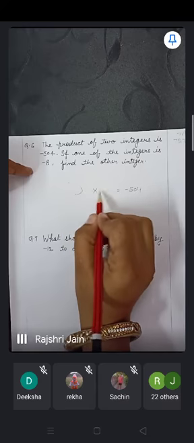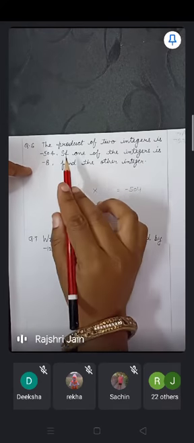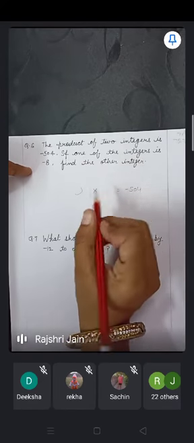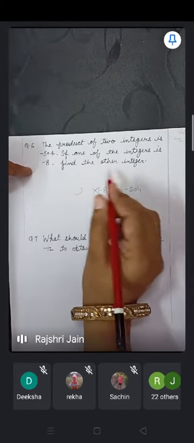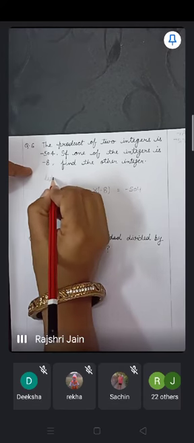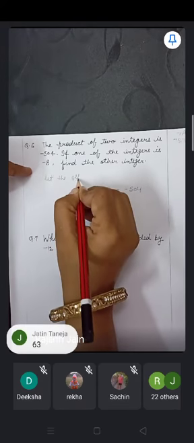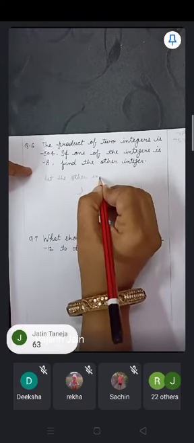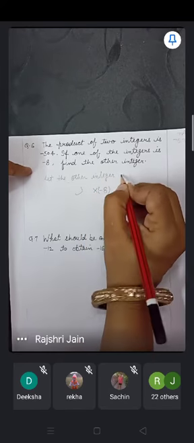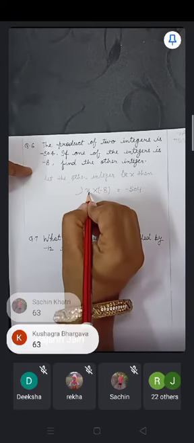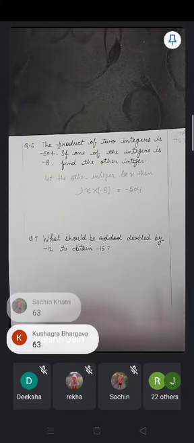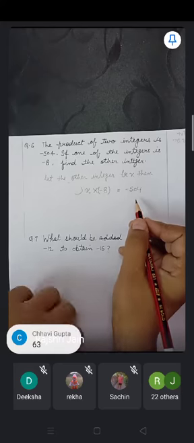If one of the integers is -8, then find the other integer. Let the other integer be x. Then what will be the equation? I am writing the other integer at the first place, so x into -8 is -504 will be the equation.